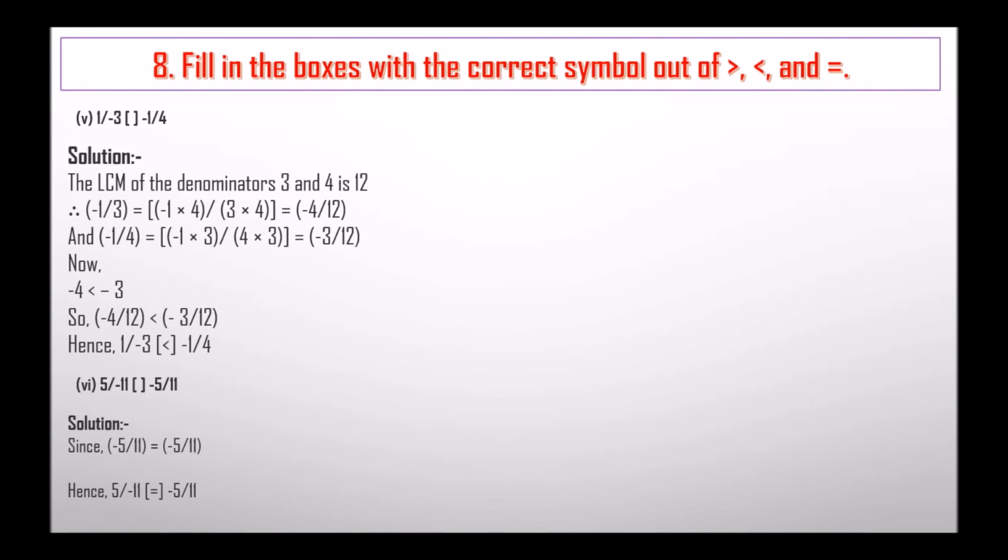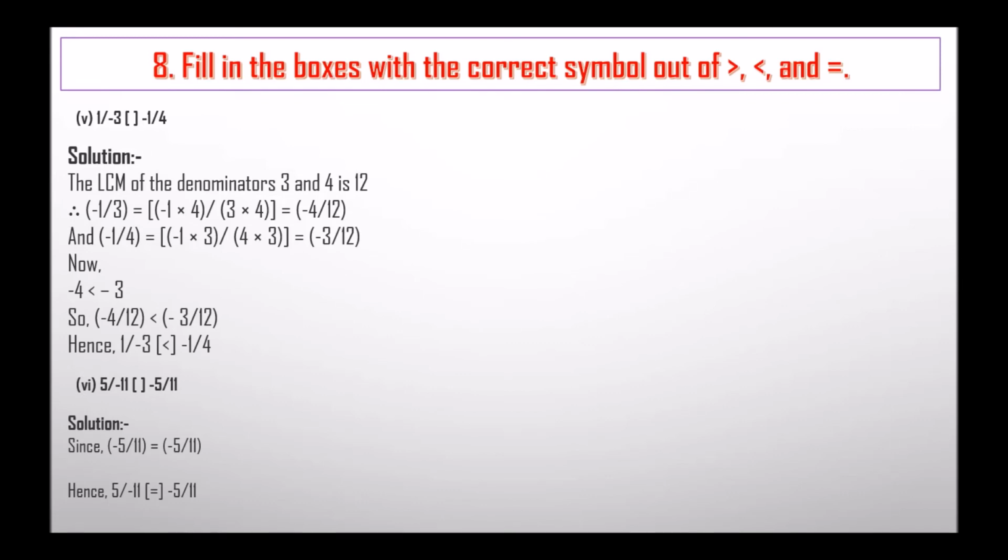1 upon minus 3 box minus 1 upon 4. So LCM of the denominators 3 and 4 is 12. So we will get minus 4 upon 12 and minus 3 upon 12. So minus 4 is more than minus 3. So 1 upon minus 3 is more than minus 1 upon 4. 5 upon minus 11 box minus 5 upon 11.